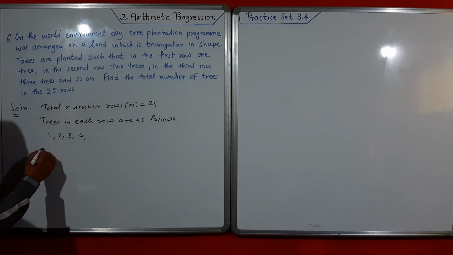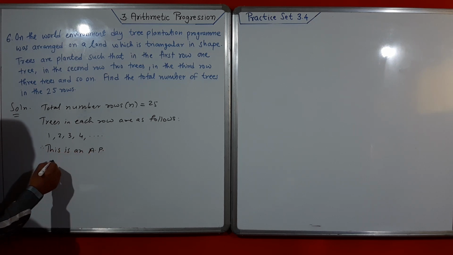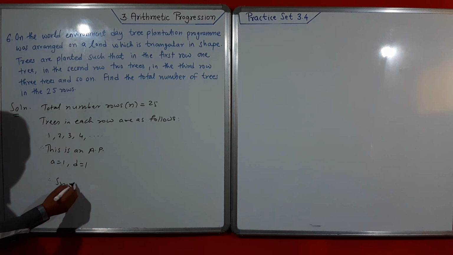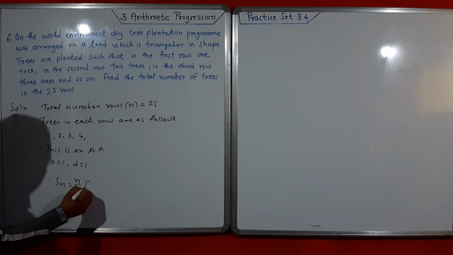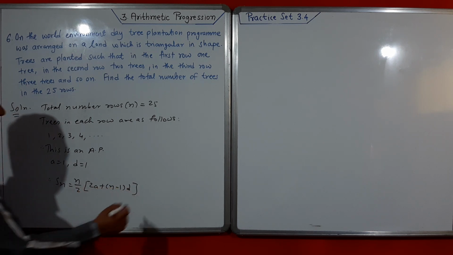Therefore this is an AP, with a equal to 1 and d equal to 1. Therefore we have to use the formula Sn equals n upon 2 into (2a plus (n minus 1)d).